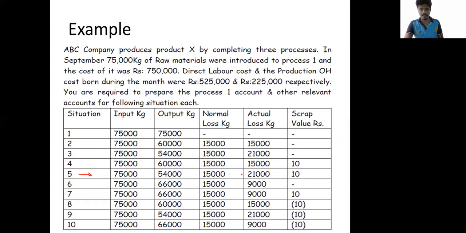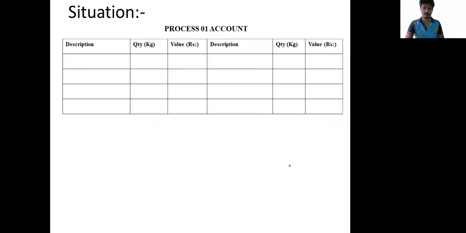Here normal loss is less than the actual loss. That means there is additional wastage that is known as abnormal loss. At the same time we can sort out the scraps too. Okay, let's record situation number 5.